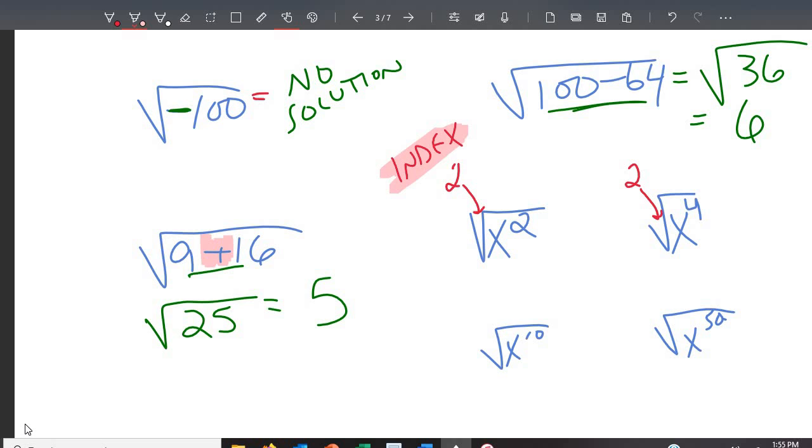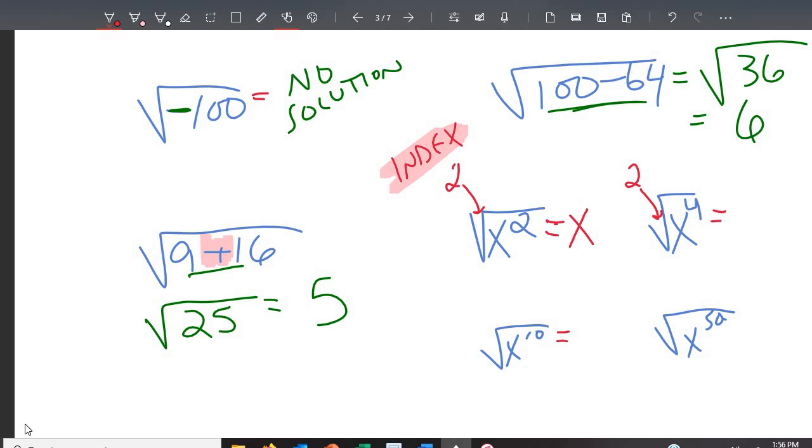Okay. When we're simplifying variables, the easiest way I can tell you is to take the variable and divide it by the index. So if I've got a square root, I'm just cutting the variables in half. I'm cutting the exponents in half. The square root of x squared is just x.